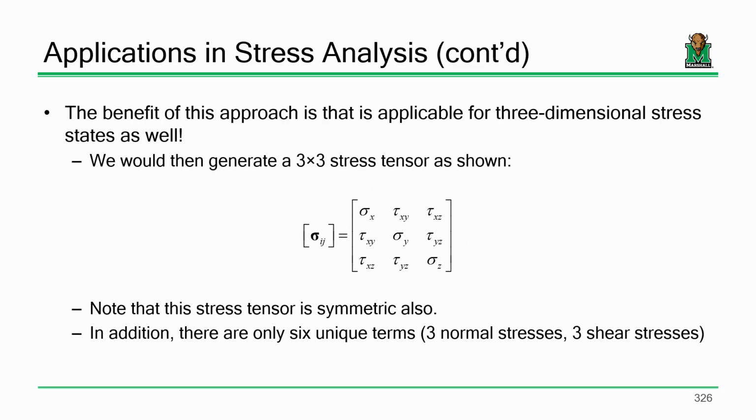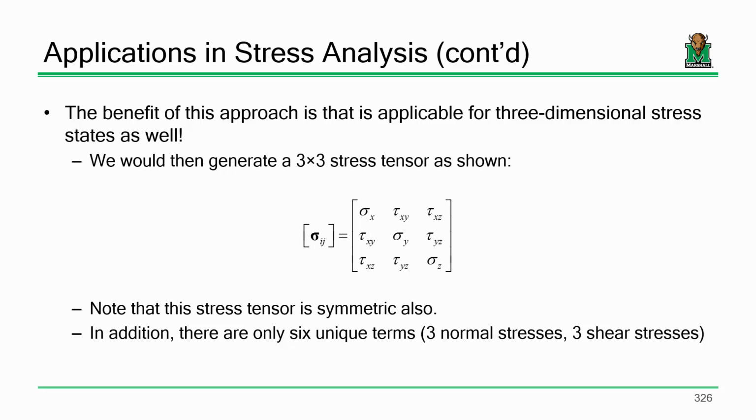Okay. The nice thing about this is that if you use the exact same approach in 3 dimensions, it works just as well, and it actually works pretty nicely. If you're doing 3 dimensions, you're going to have 6 stresses. We write that in a 3x3 stress tensor, as you see up here.